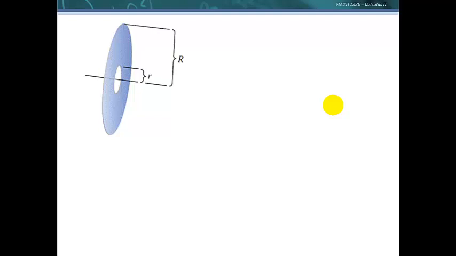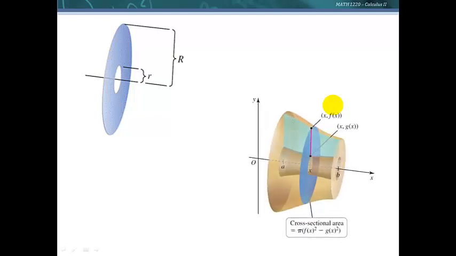and depending on how they were defined, which functions were which, we could use this to compute. If we look at this picture, and if this region, the upper function was f of x and the lower function was g of x, then we could take pi f of x squared, and that would be the area of the disk. The area of the hole would be pi g of x squared, and we could subtract the two.